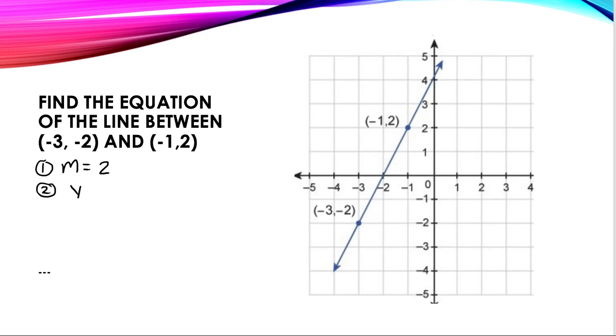So I'm going to take my equation, y is equal to mx plus b. I am going to plug in for the slope, so I'm going to put a 2 in for the slope. Then I'm going to plug in an x value. So one of my x values would be -3.